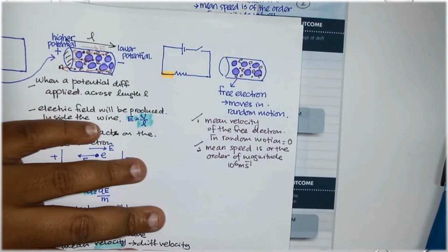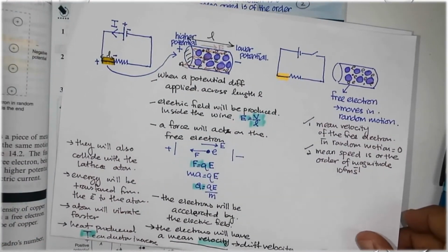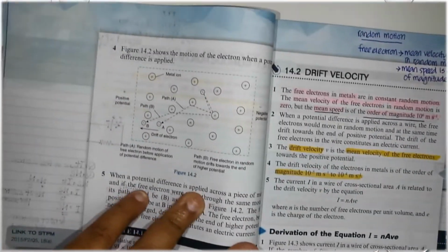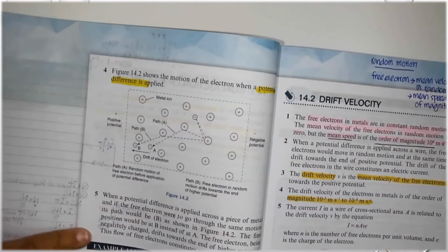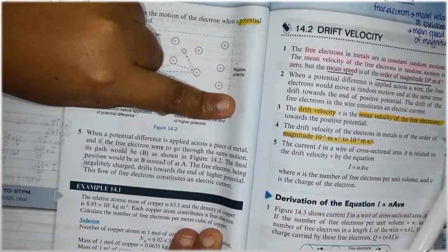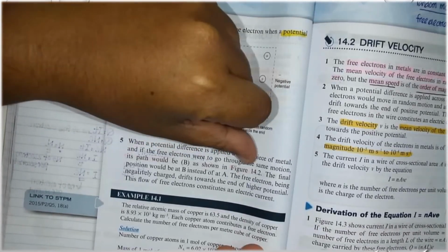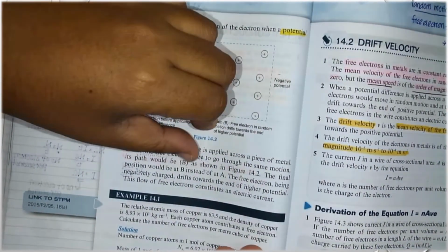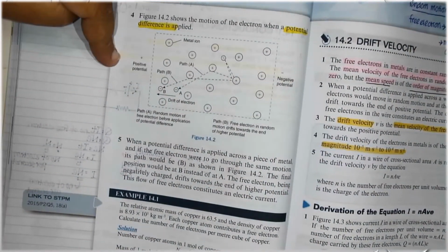Okay, before. Understand? Alright, so once you put in the potential, when a potential difference is applied across a piece of metal, if the free electron were to go through the same motion, its path will be B. So you will notice the path will change towards the positive potential.